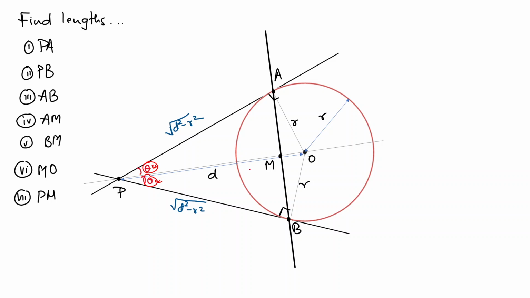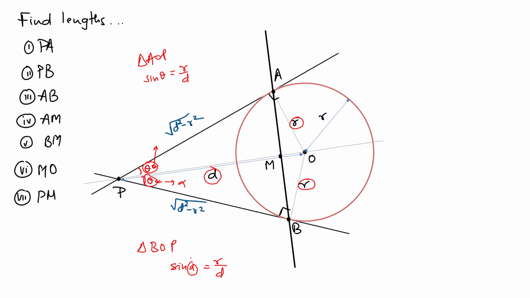Because in the right angle triangle, let's say if you are thinking about triangle AOP, then from here, if this angle is theta, you can write sine theta as perpendicular, which is r, by hypotenuse d. Sine theta is r by d. Similarly, let's say this angle was alpha, if you write sine alpha in the triangle BOP, you will get sine alpha will be the same, right? Perpendicular by hypotenuse, r by d.